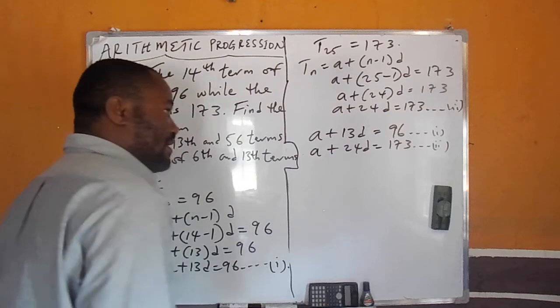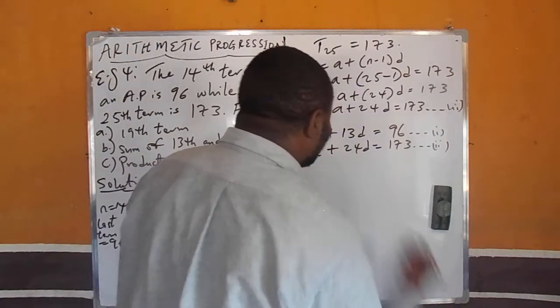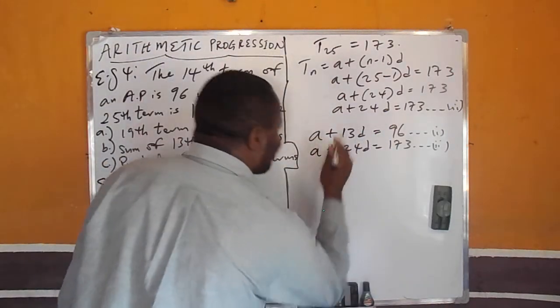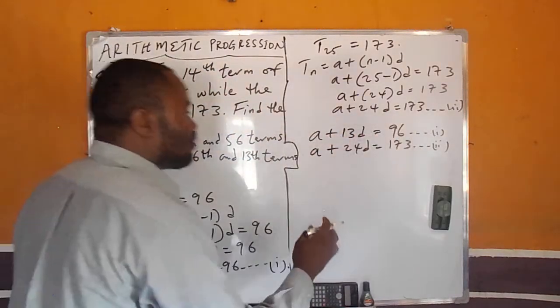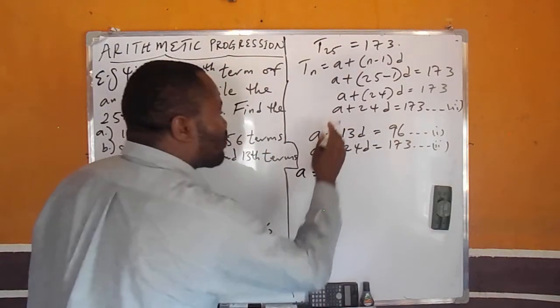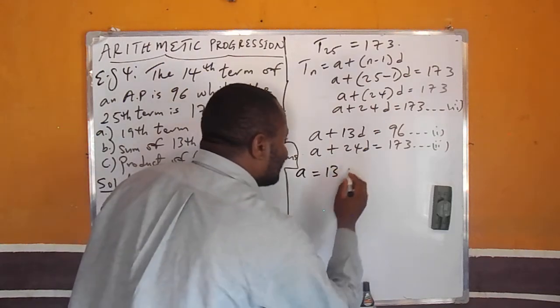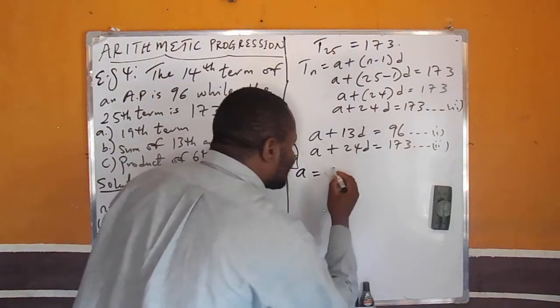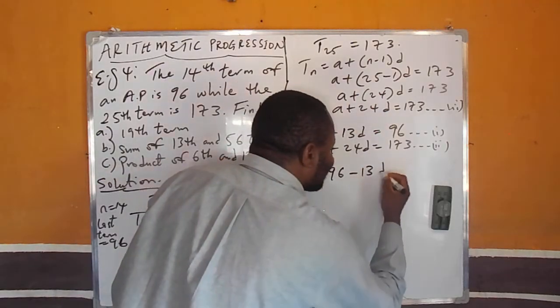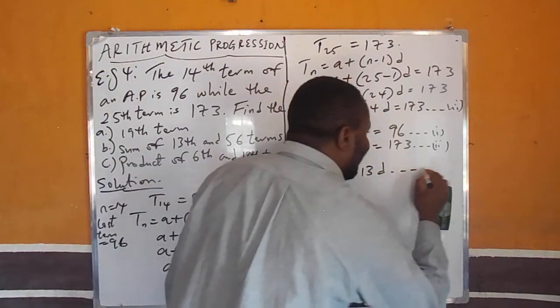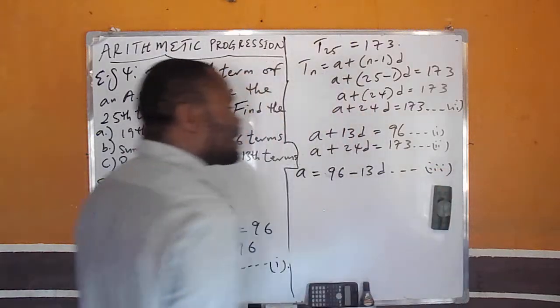Anyone you pick. Using the substitution method, I will make A the subject of the formula in equation 1. That will give me A equals 96, and this positive 13D will become negative 13D. A equals 96 minus 13D. This will be my equation 3, making A the subject.